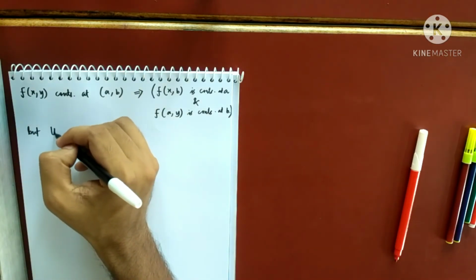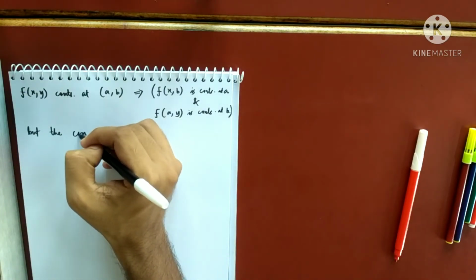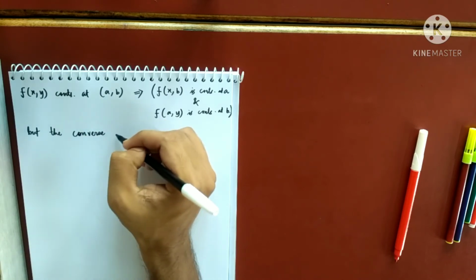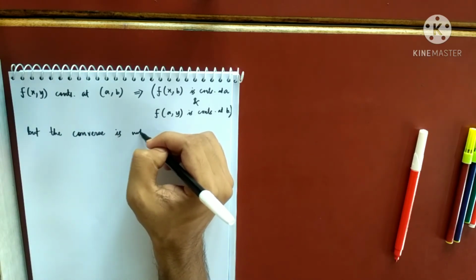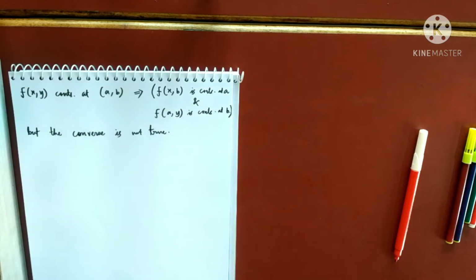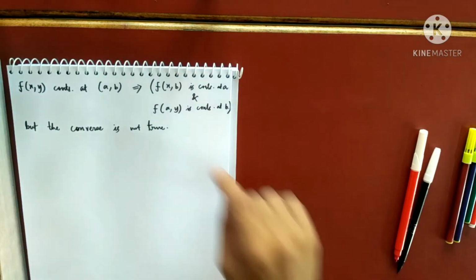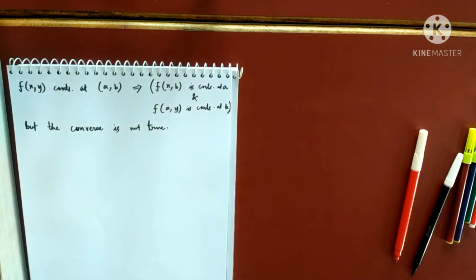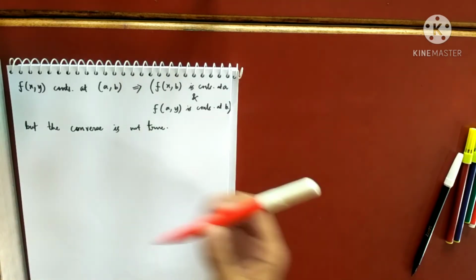That means even if both of these are continuous, the function f(x, y) may not be continuous. Let's see an example for the converse.